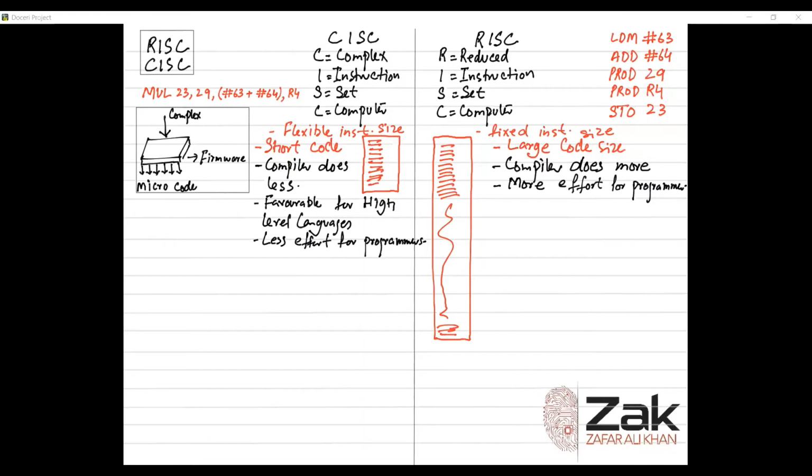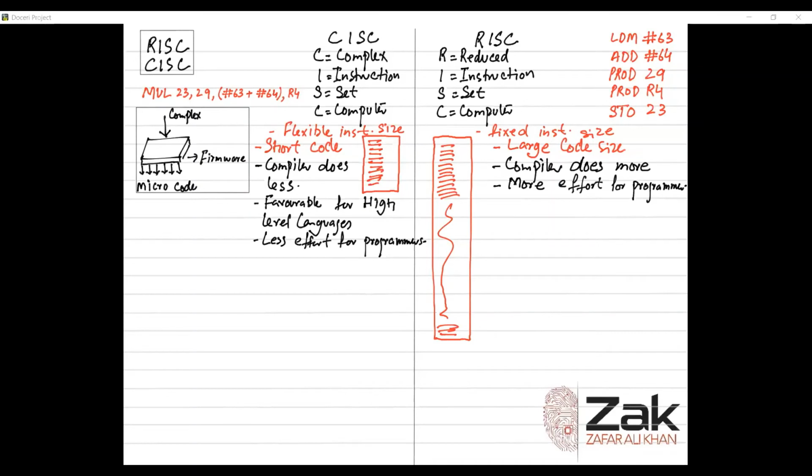All our processor does is convert it. So over here the compiler does less, and over here the compiler does more. Why does the compiler do more? Because there are more instructions. Here the number of instructions is less, so what does the compiler do? The compiler turns an assembly language instruction into its binary form. So when there are fewer instructions, there is less work for the compiler. In RISC, there is a high number of instructions, so more work for the compiler.